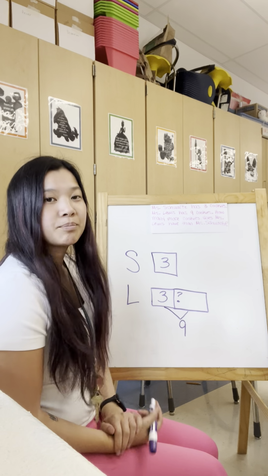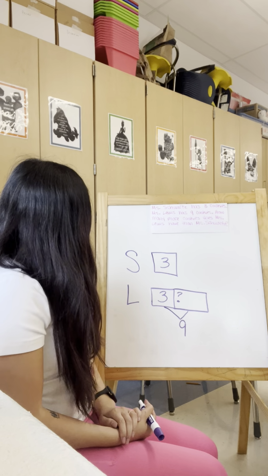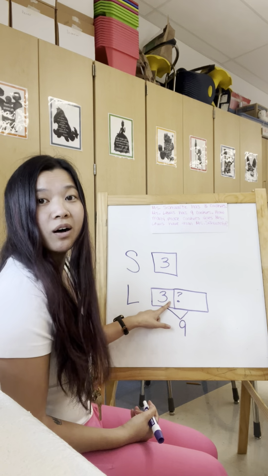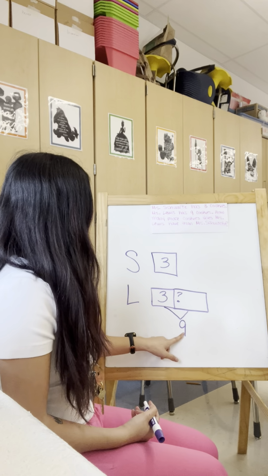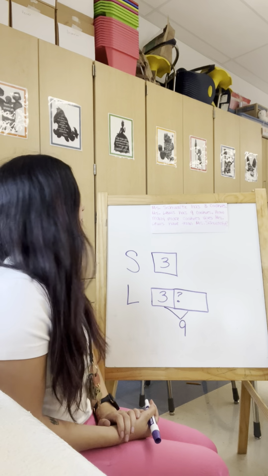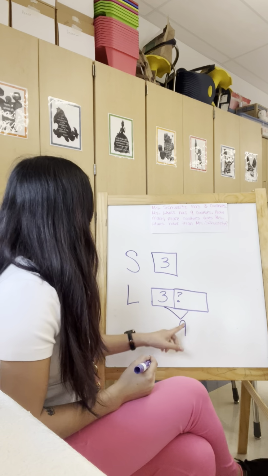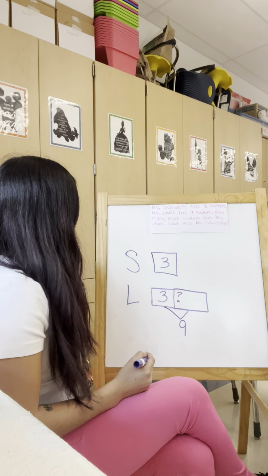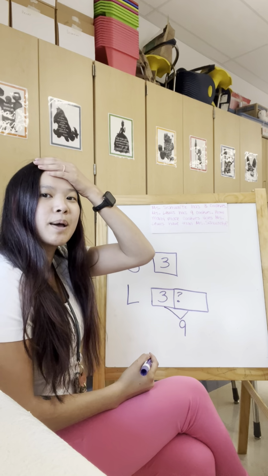To find that missing part, I can do a couple things. I can start counting at 3 and count on and then stop when I hit my whole 9. Or I can subtract. Let's try counting on first. So I'm going to stick 3 in my head. That's my part 3.